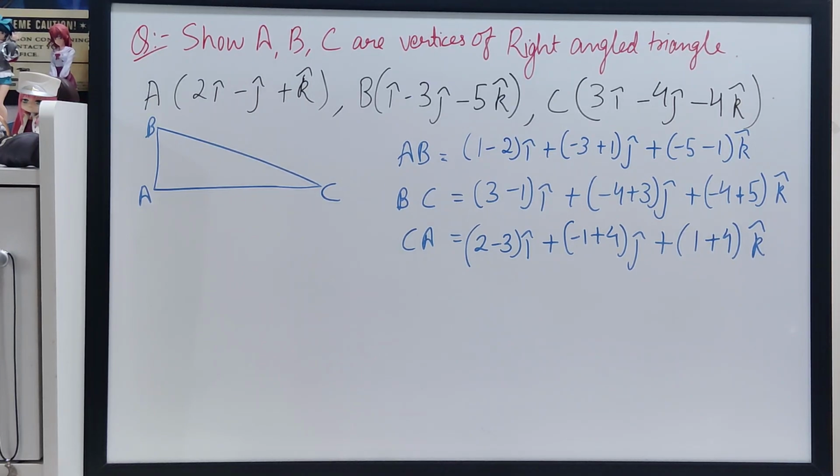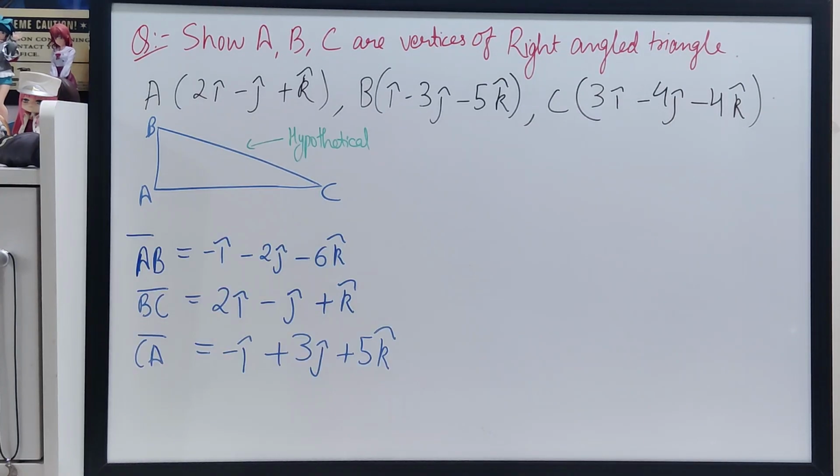As discussed previously also, if you have to calculate AB, you have to do B minus A. So if B has i cap, you'll do i cap minus 2 i cap. Similarly, calculate BC and CA.